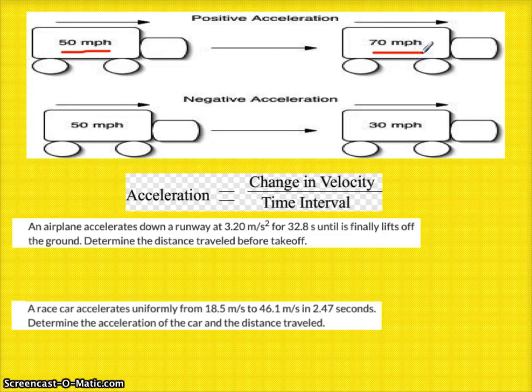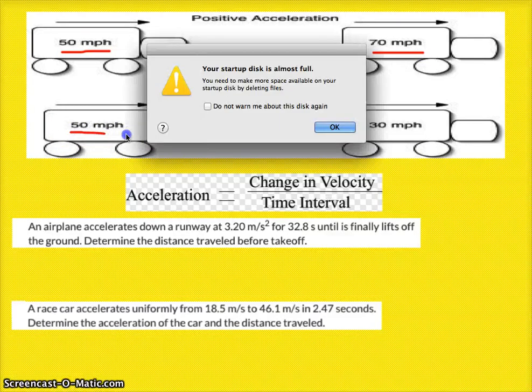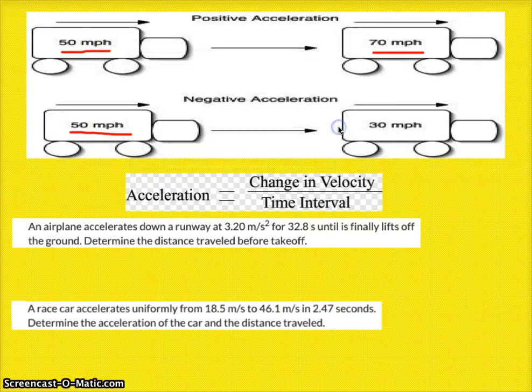That is positive acceleration. Negative acceleration doesn't sound like it should really be acceleration. It sounds like it should be slowing down, but technically it is acceleration, but it is going to be in negative terms. You might call it deceleration, and sure enough, there is a formula for that. Change in velocity over time.